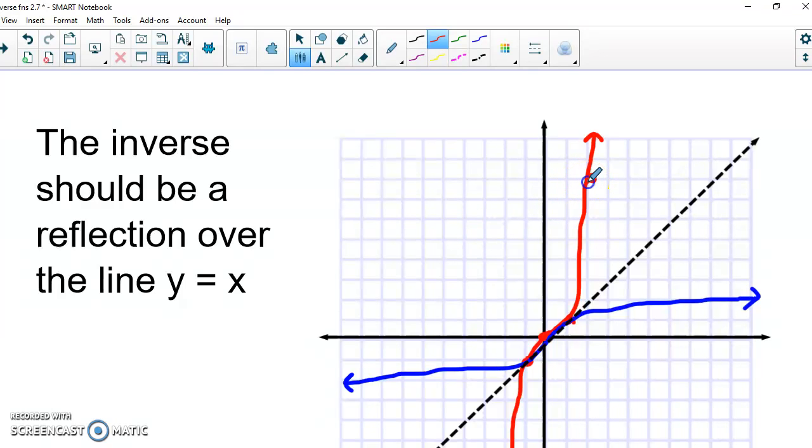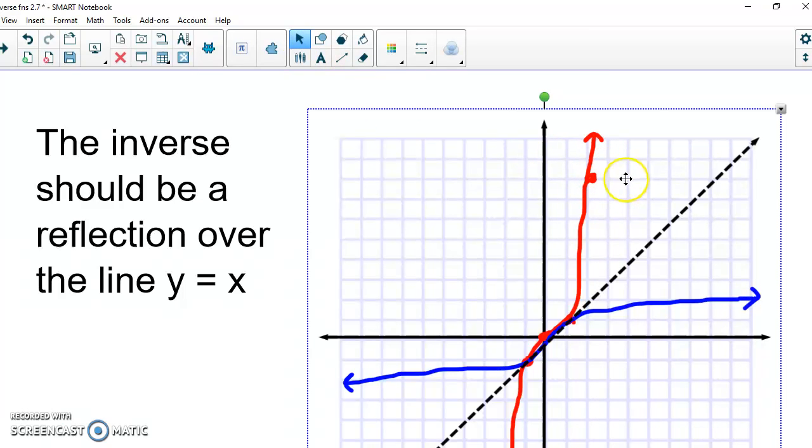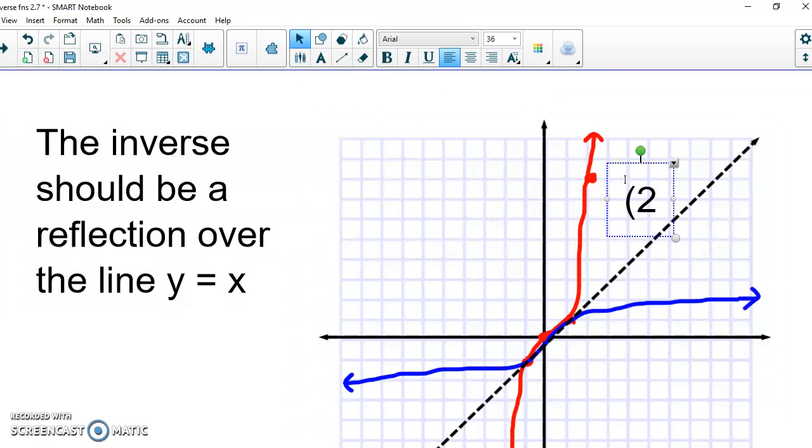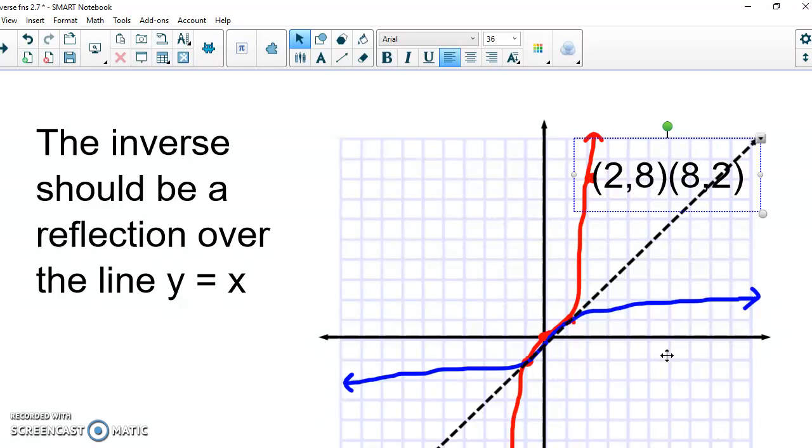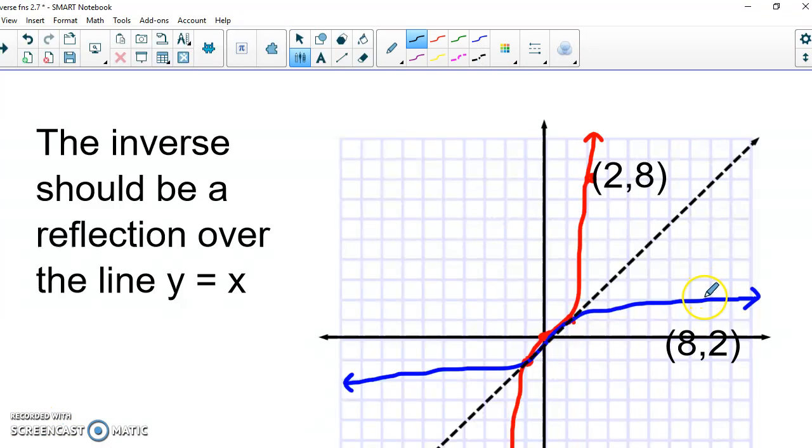So if I look at this point right here, this is 2, 8. Okay, that's the point 2, 8 there in red. So that means I can go down here to the blue function. I should be able to see the point 8, 2. Okay, I retyped it. So this is the point 8, 2, so 8, 2 corresponds. I can do the same thing down here.